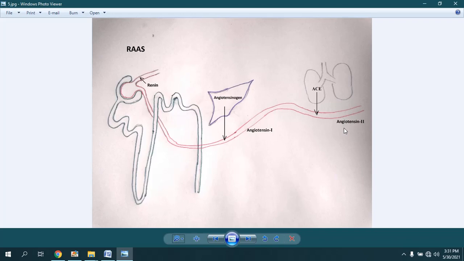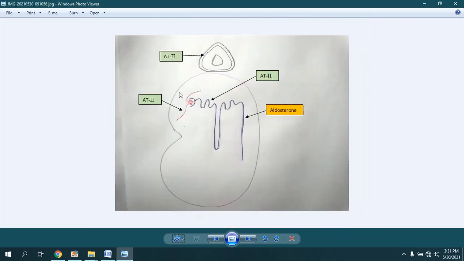As I have told you, the actual mechanism in this slide, angiotensin decreases the GFR, so it increases the blood pressure. Angiotensin increases the sodium absorption, so it increases the blood pressure.